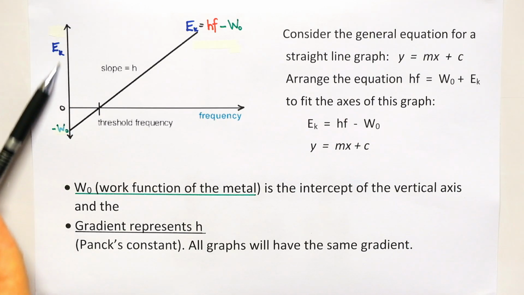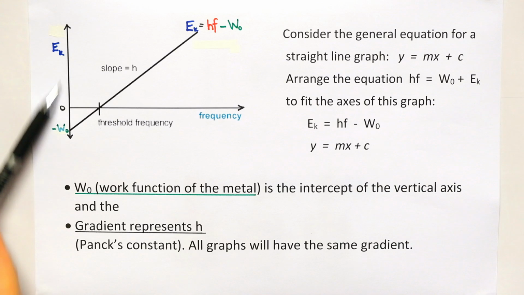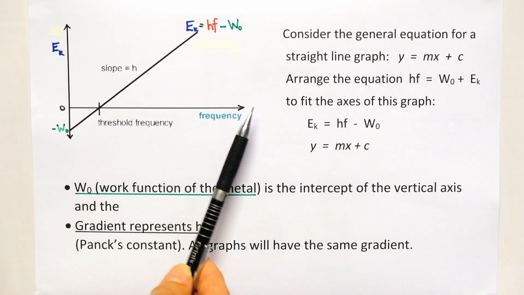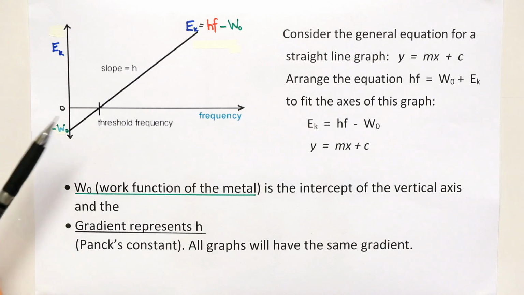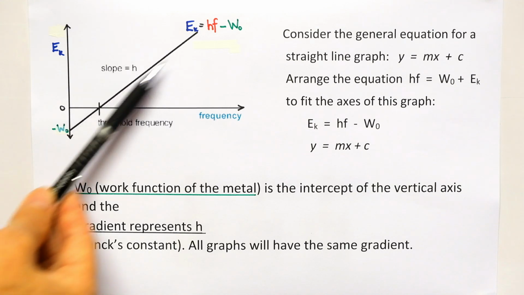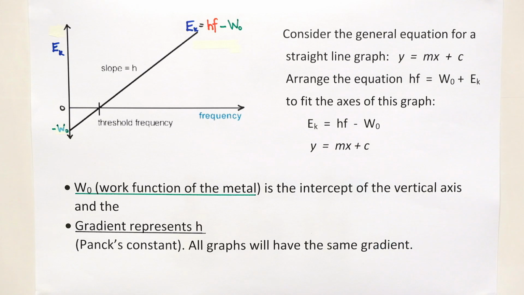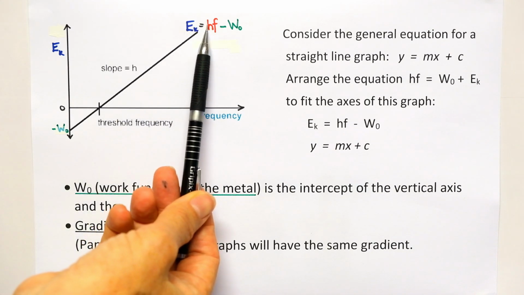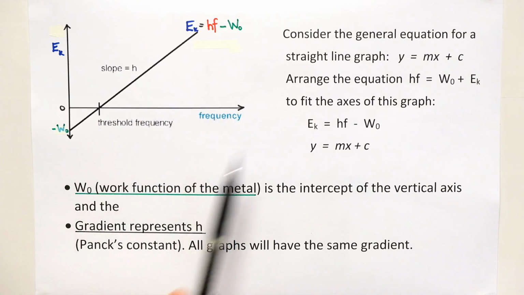You can see energy and work are in joules. This is our energy axis, and that is our frequency axis. The x-intercept, or the frequency intercept, is the threshold frequency of our particular metal. And once again, the gradient is Planck's constant. So this is the graph for EK equals HF minus work function.